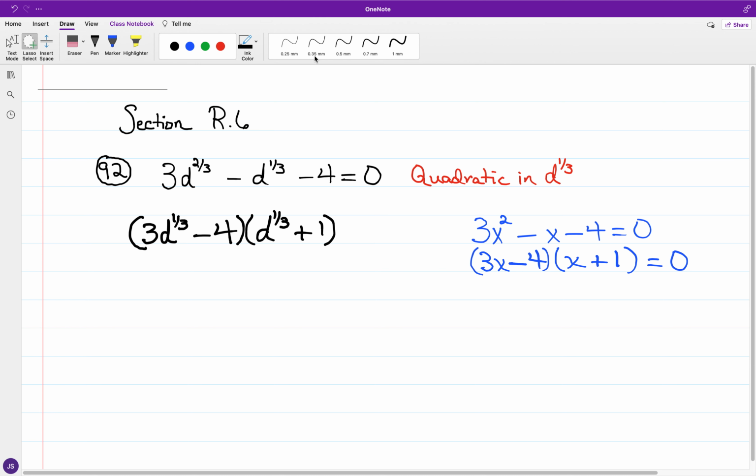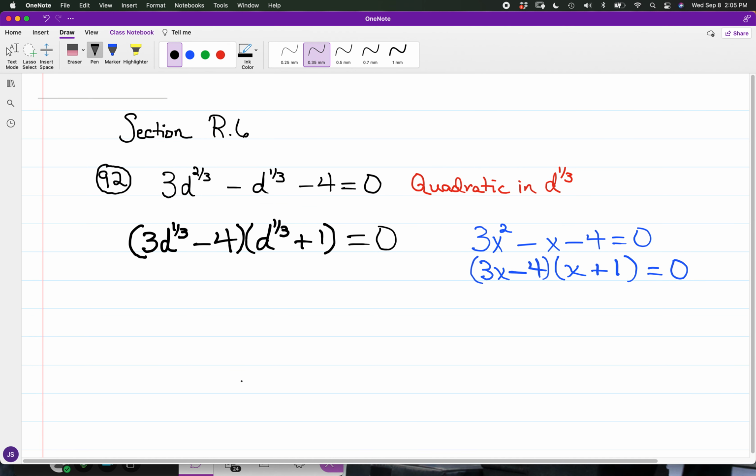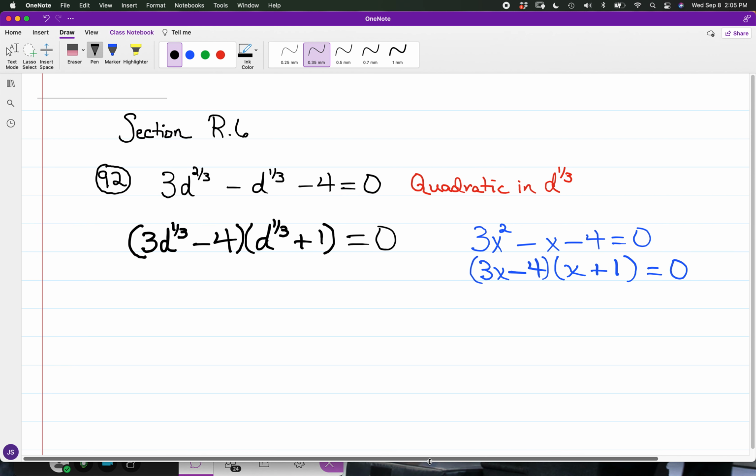And the last product we have is negative 4, and so we have it equal to 0. Now, I've got the factors, and I can set each of these to 0, so I can utilize the zero product property.